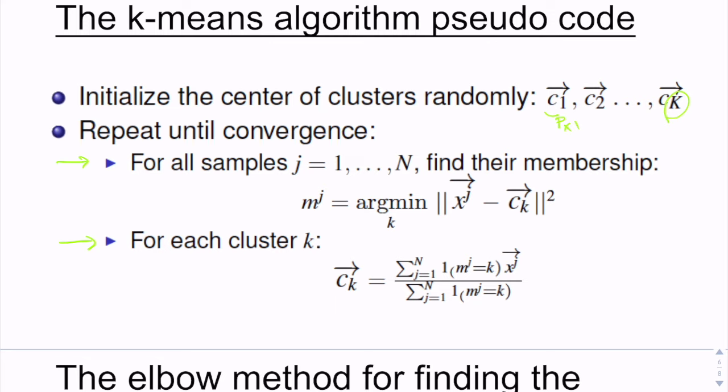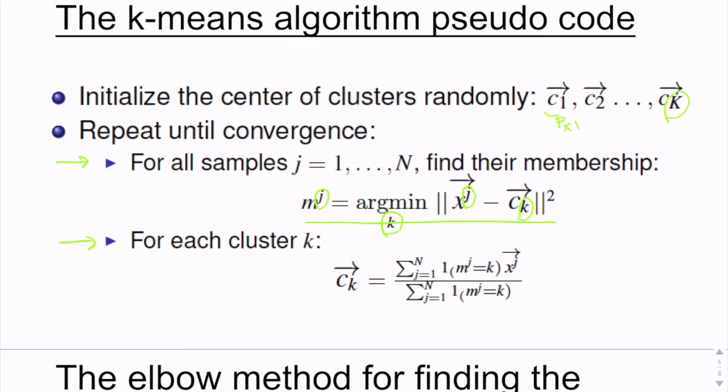At the first step, we assign the membership for each sample. How do we read this formula? We compare each sample to the center of each cluster, and we find the cluster to which this sample is closest, and then for the jth sample, we assign this cluster.